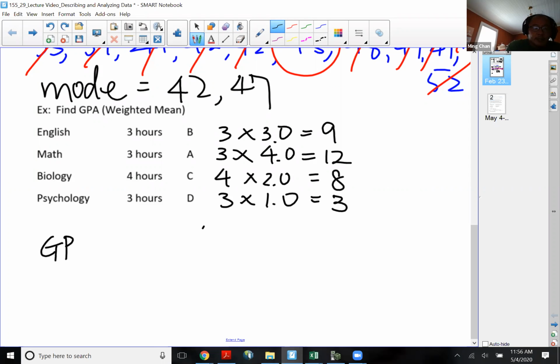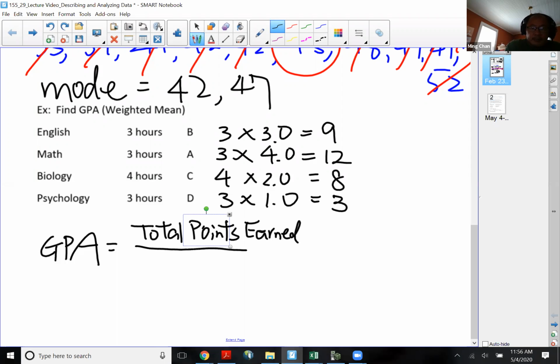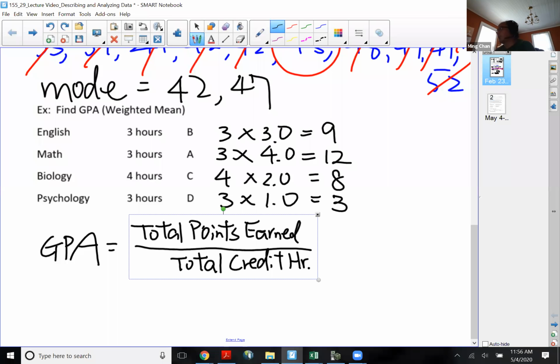So a grade point average, or GPA, is you add up the total points earned, divided by not the number of classes, but the total credit hours.